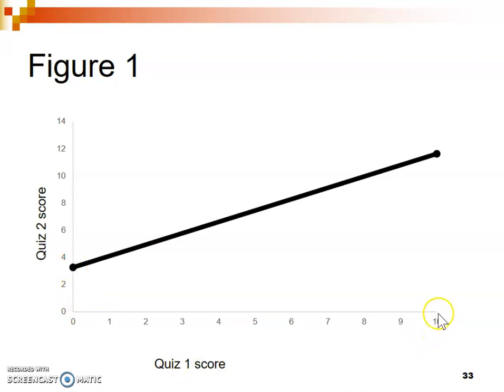Then we also take our highest value of x that we used, which was 10, and we found that predicted value of y to be 11 point something. We're going to graph that data point, and then we just connected those two data points with a line, and that represents your line of best fit.